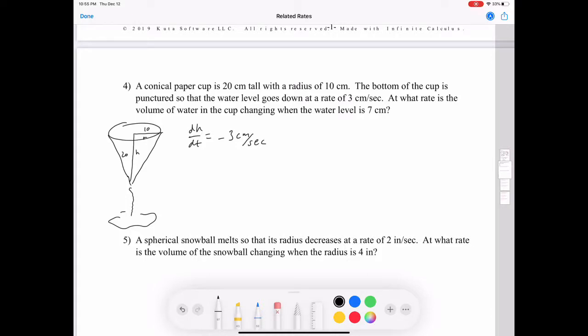At what rate is the volume of water in the cup changing when the water level is 7 centimeters? When the height is 7 centimeters, what is the rate of volume? What is the volume of water changing? So dV over dt.